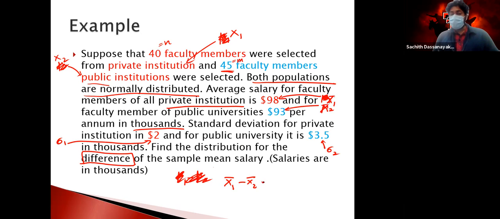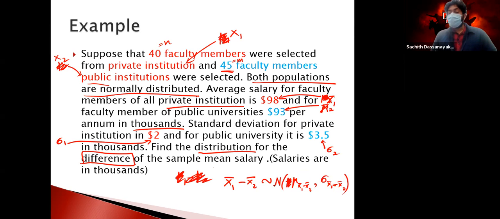We need to find the distribution. Since x1 and x2 are normally distributed, you know in theory that this difference has a normal distribution with mean mu of x1 bar minus x2 bar, and standard deviation sigma of x1 bar minus x2 bar.